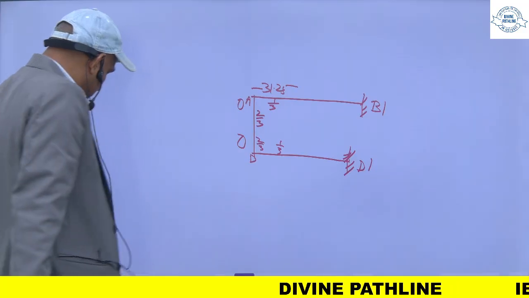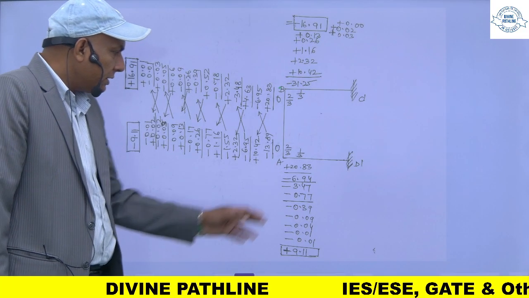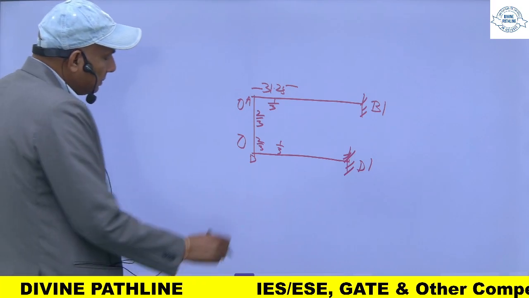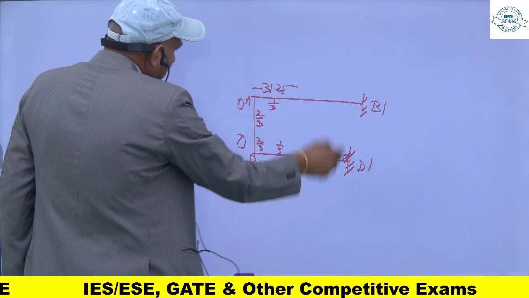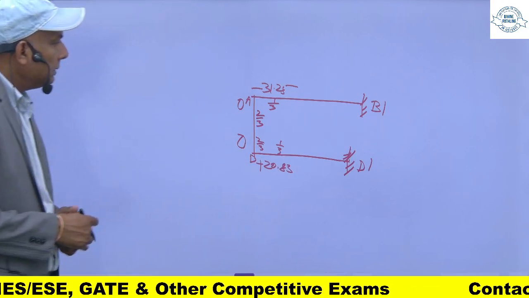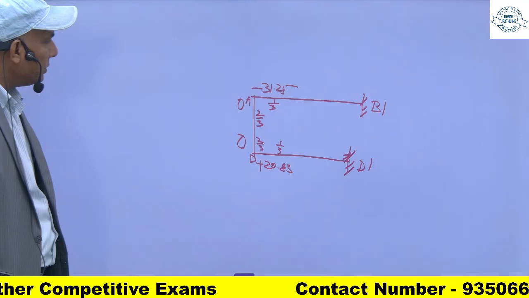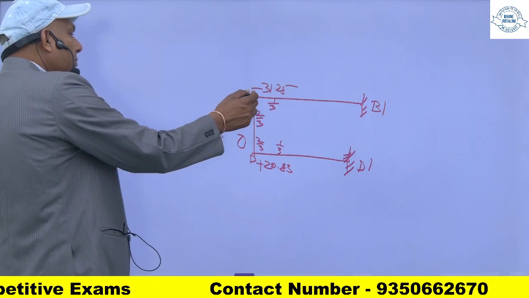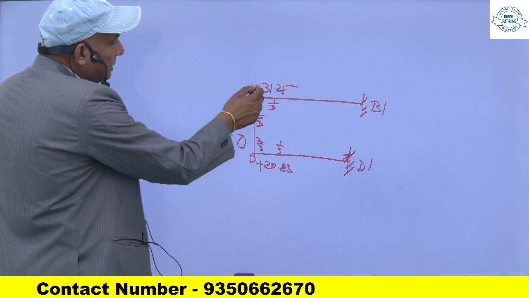At this point it is plus 20.83. This I will not consider. Now at this point, the sum of this moment and this must be equal to 0, for the equilibrium of the joint.